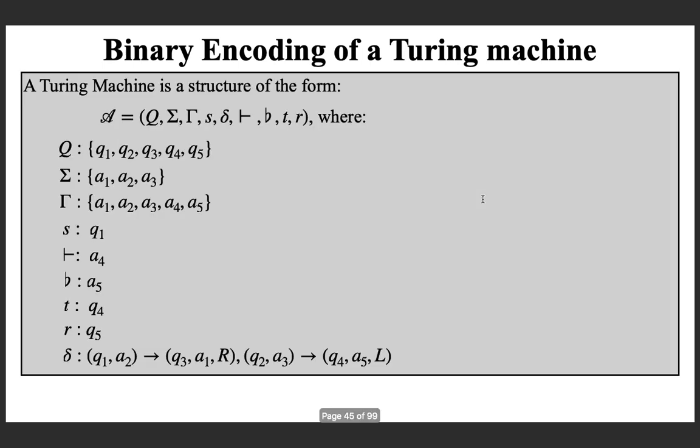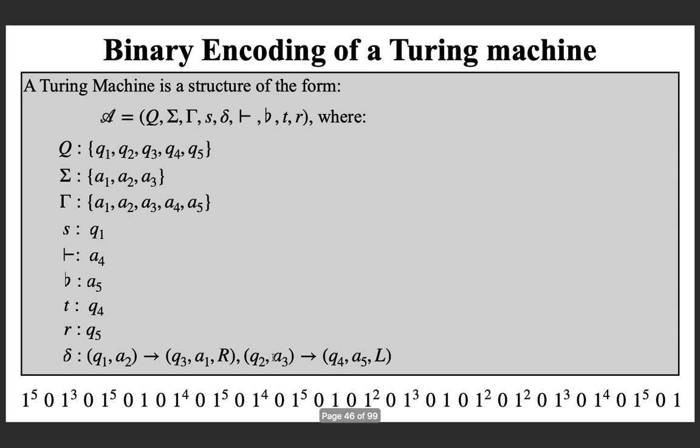Now we can see that it is possible to have a binary encoding for a Turing machine, simple binary encoding. Now suppose you have this definition of a Turing machine, only 2 transitions are given. Now you can have a binary encoding.